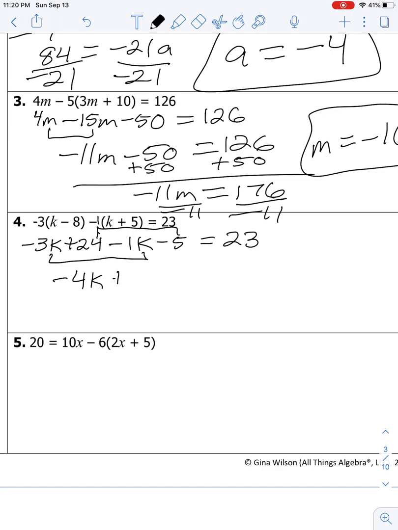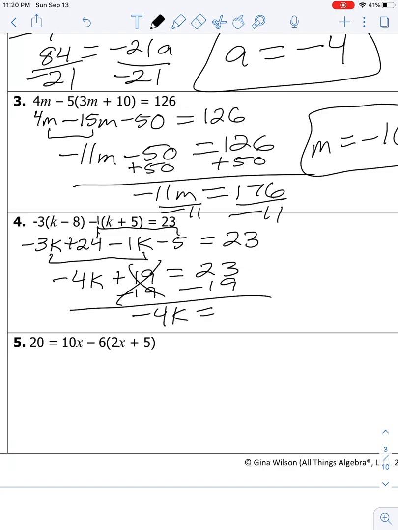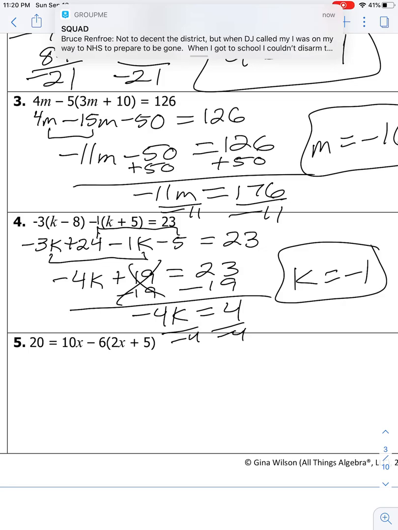So that's a positive 19. Now it just comes down to a two-step equation. Subtract 19. That cancels out. You get negative 4k equals 4. Divide by negative 4. K equals negative 1. And that's your answer.